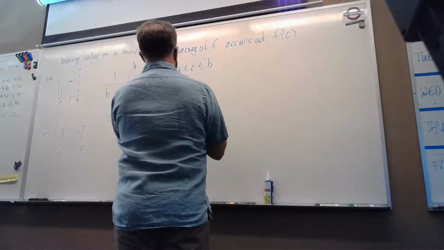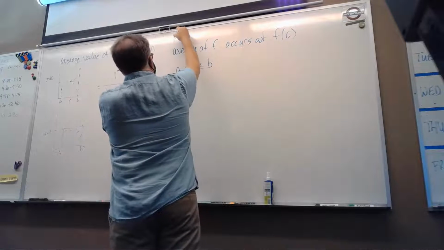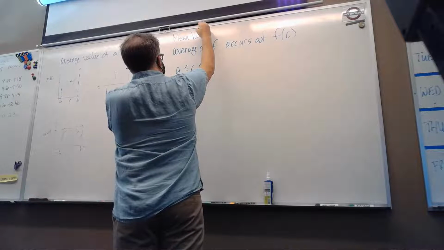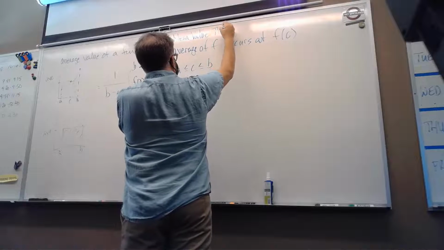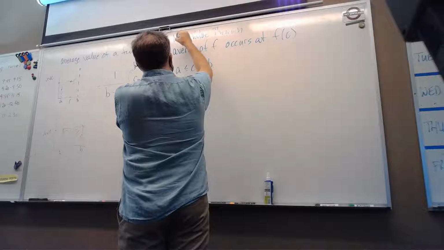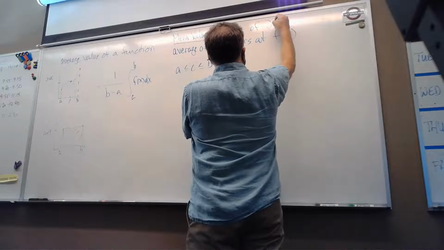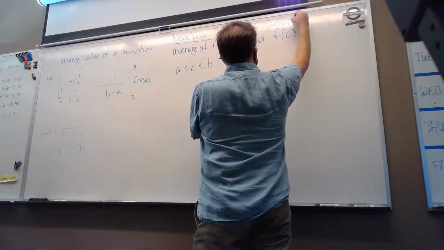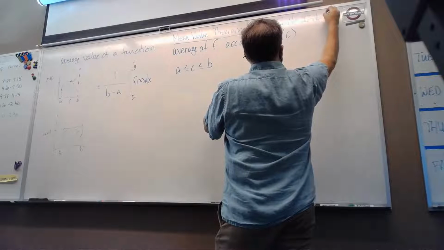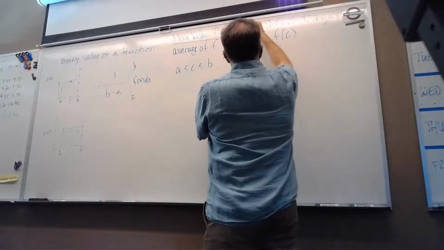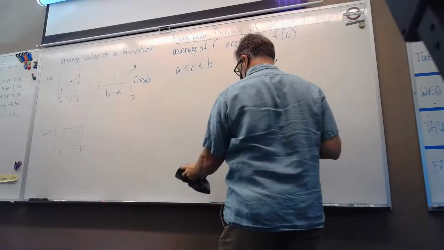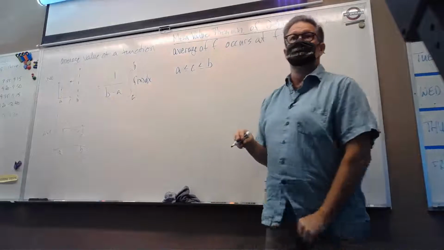Let's put that. The mean value theorem, and yes, it's called the same thing for a reason, because it is the same thing. Remember, the mean value theorem had to do with slopes.